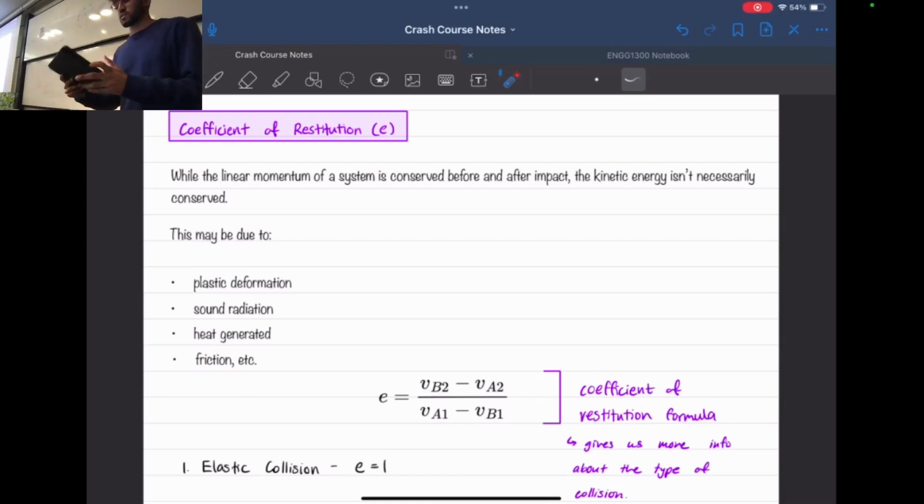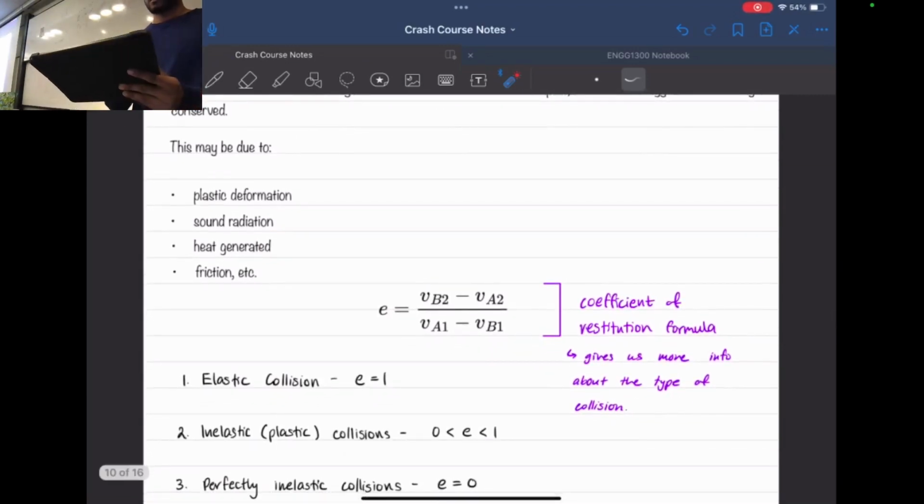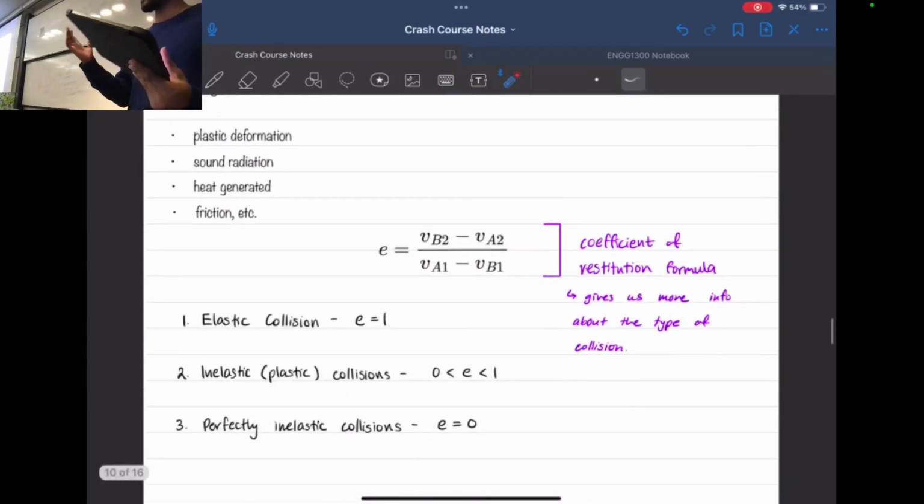Okay. So while the linear momentum of a system is conserved before and after the impact, the kinetic energy isn't necessarily conserved. There's a few different reasons that it might occur. Most common: friction, heat generation, sound radiation, and plastic deformation. Right? And this is the formula that governs the coefficient of restitution, or elasticity. Okay?